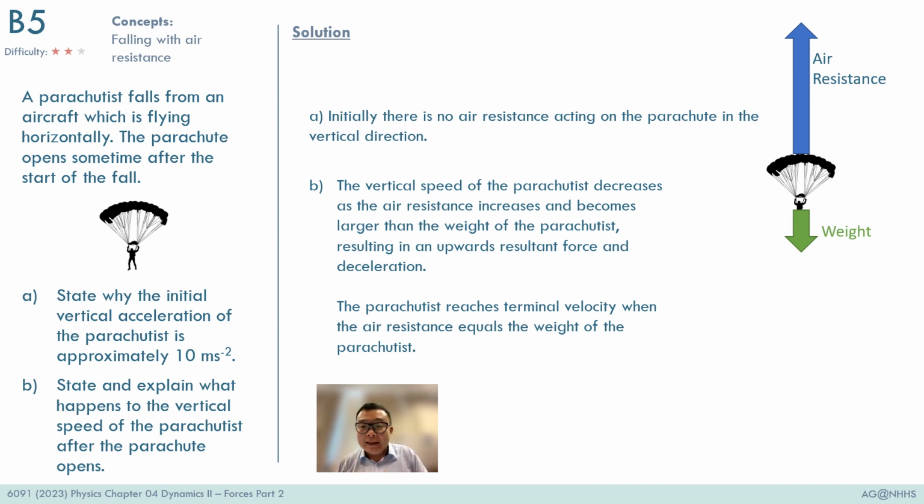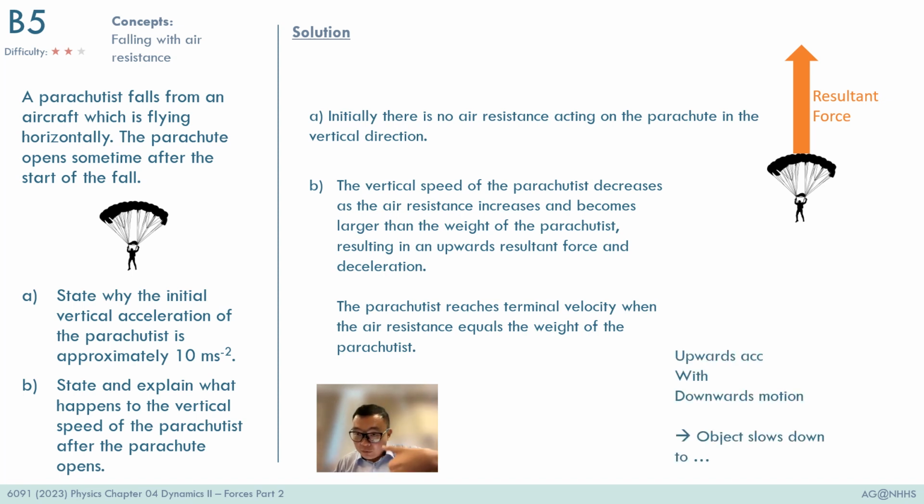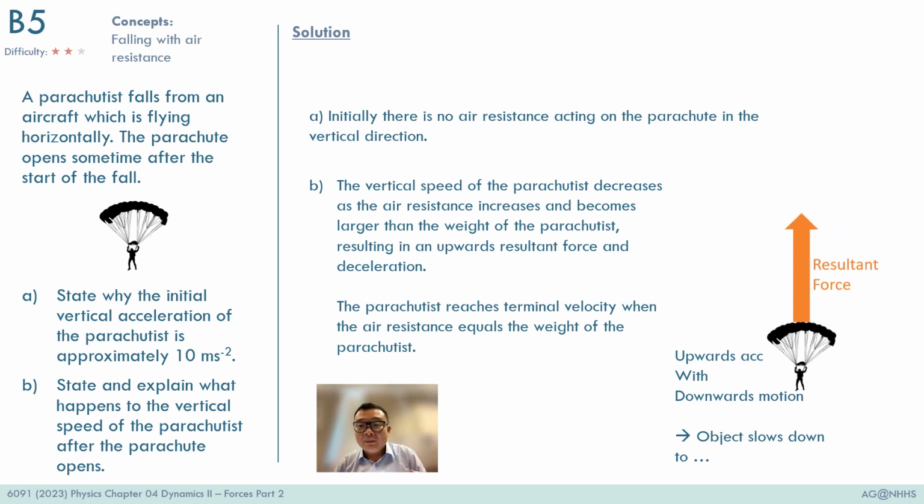And we can see that this is the resultant force of the parachutist. It's in an upwards direction, and as the parachutist is moving downwards with an upwards resultant force, or an upwards acceleration, this means that this object must slow down. That's the reason why the parachutist slows down as he or she falls.